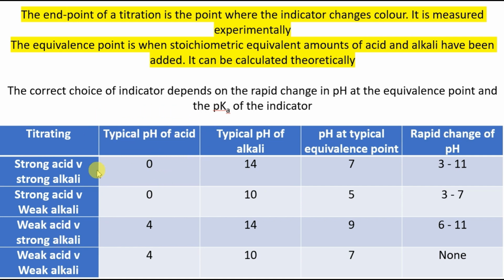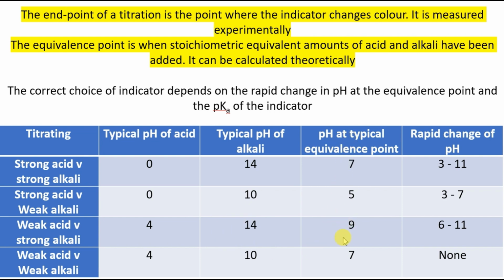Typical pH of the acid, if I take my strong acid, strong alkali: 0 for the acid perhaps, 14 for the alkali. The pH at the equivalence point we'd expect to be somewhere in the middle, pH 7, and my rapid change of pH over the set of values from 3 to 11. Another example, if I take a weak acid against strong alkali, maybe my acid has a pH around 4, my alkali 14.